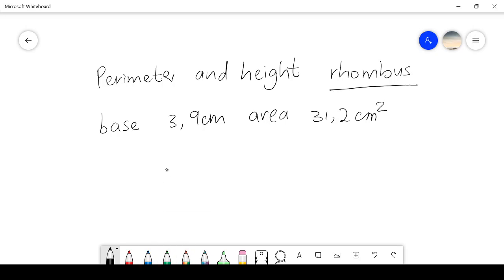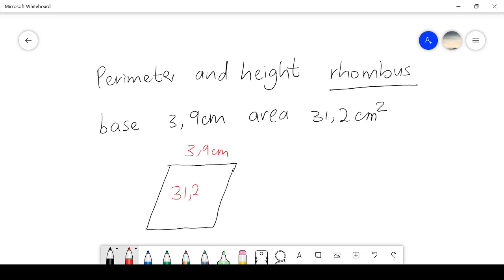So I have a rhombus. My base is 3,9. The area is 31,2. They want the perimeter.